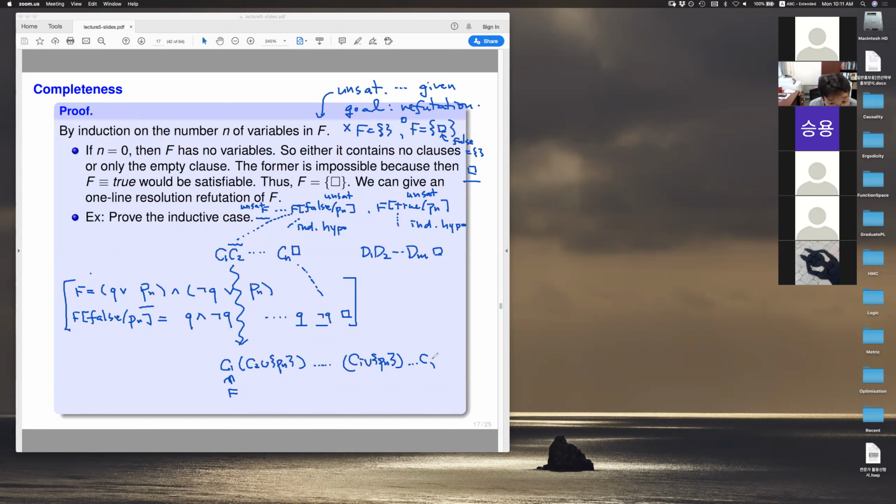Otherwise, if it's the resolvent of two earlier steps but none of them required adding Pn, then we just leave it as this Cj. That process continues until the last step, which is a box.